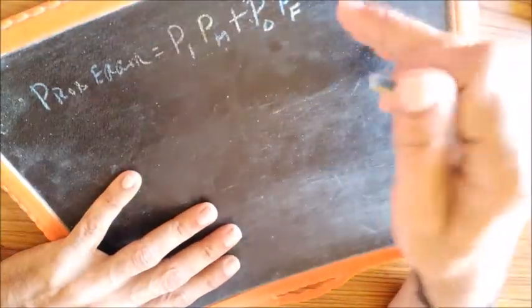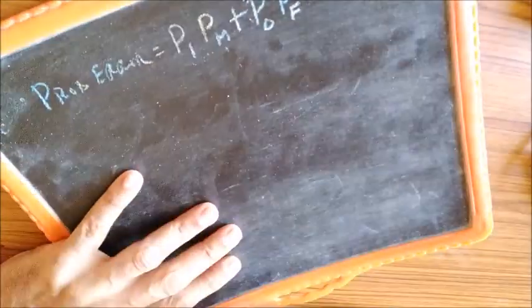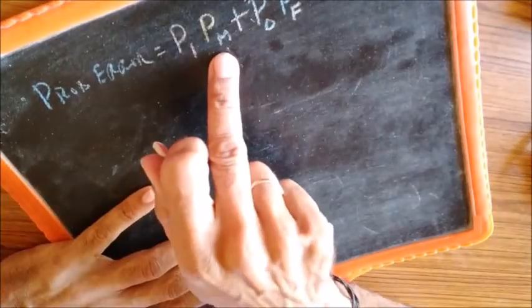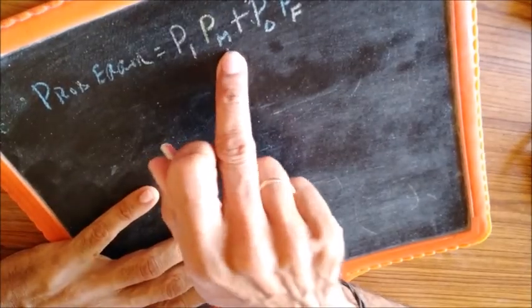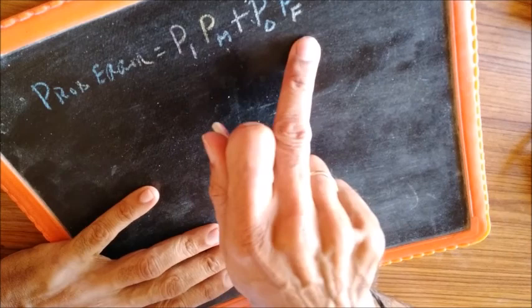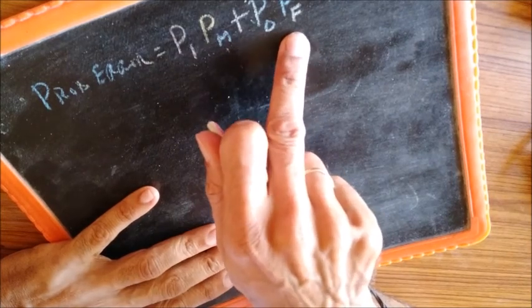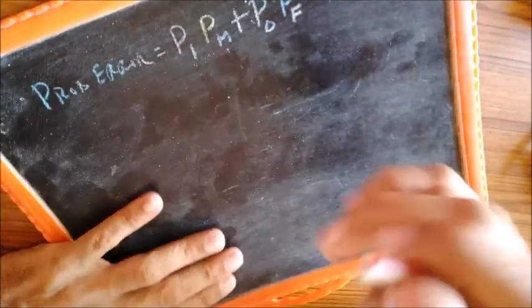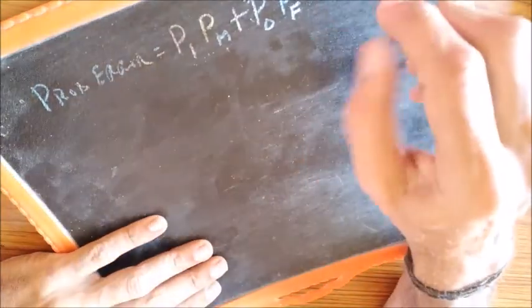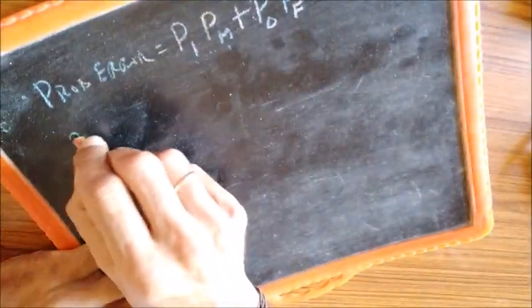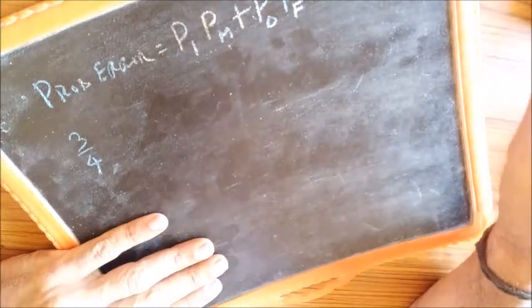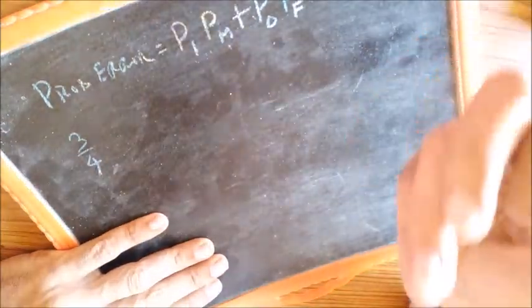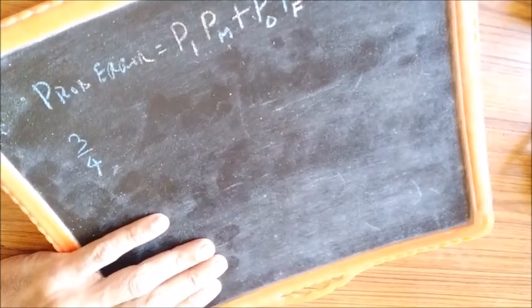One is missing to detect H1 as H1, and the other is to miss H0 and declare it as H1. Now we have been told that P0 is 1 by 4, which means P1 is 3 by 4. There are only two possible hypotheses.